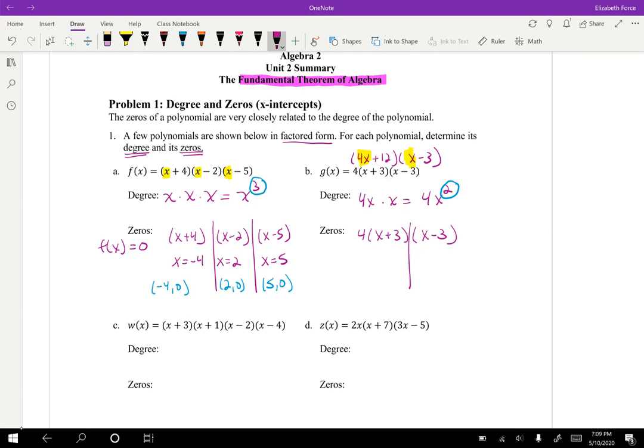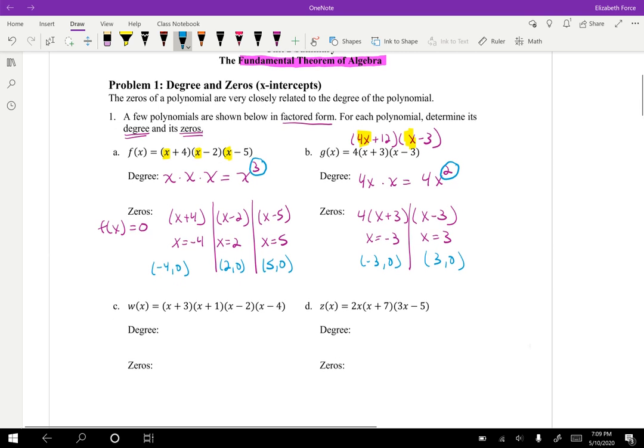So the only zeros I have here are going to be negative 3 and positive 3. So I've got an x-intercept at (-3, 0) and an x-intercept at (3, 0). So for part A, we have a third degree and 3 zeros. For B, we have a second degree, and we've got 2 zeros.